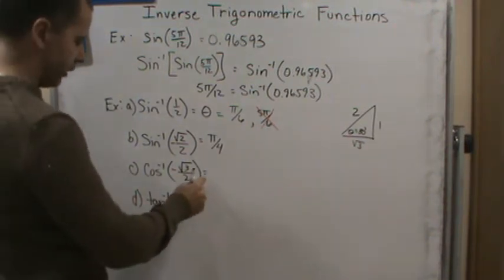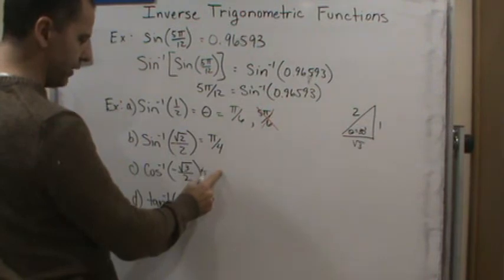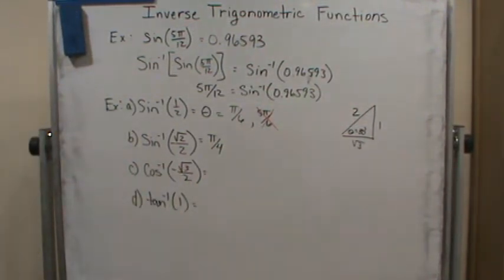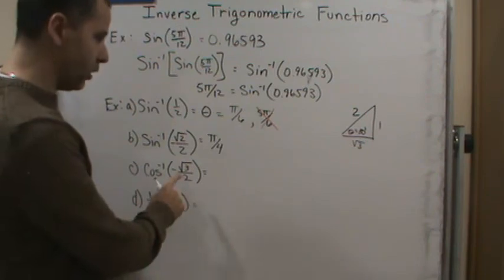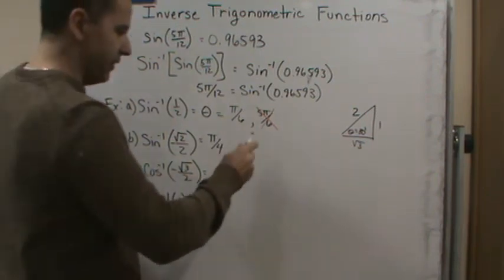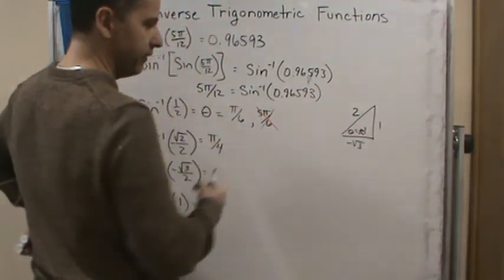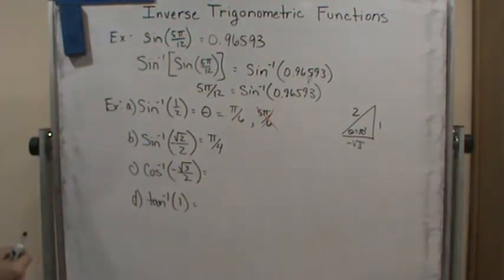So I'm asking myself, the cosine of what angle gives me negative square root of 3 over 2. Now, if it's negative, right, it's adjacent over hypotenuse. So that means this has to be negative, which means it's going in the negative x direction, which means we're in the second quadrant.